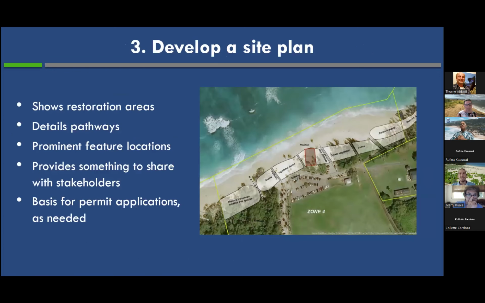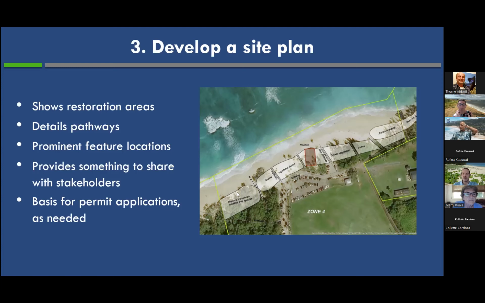So step 3 is to develop a site plan. And a site plan can be a complicated architectural blueprint type of plan that an engineer would do, or it can be as simple as a Google Earth image with some hand-drawn features on it, like this one.